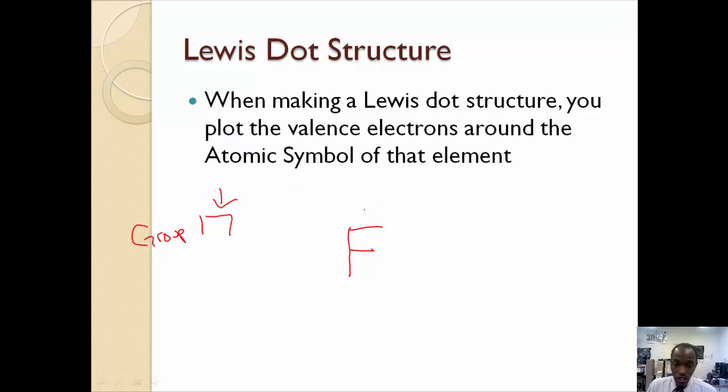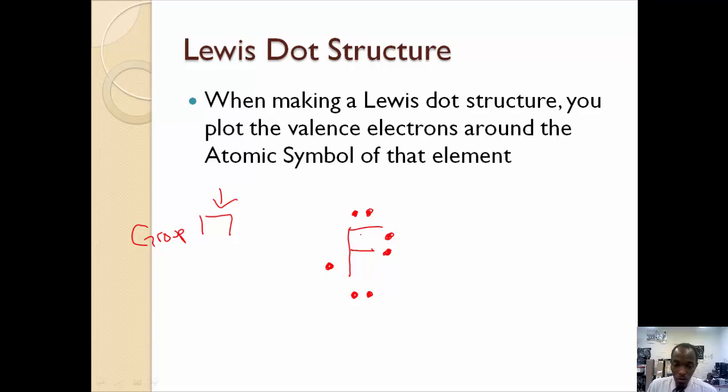So here's how you do it. You go 1, 2, 3, 4, 5, 6, 7. Alright? So this is how you will make a Lewis dot structure, because if you only look at the valence electrons, we're dealing with 7 valence electrons.